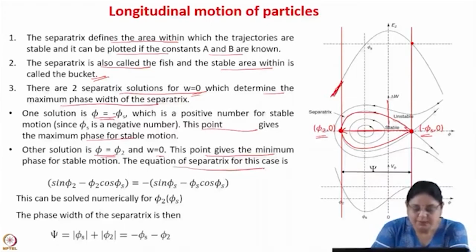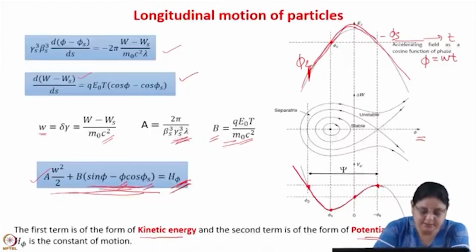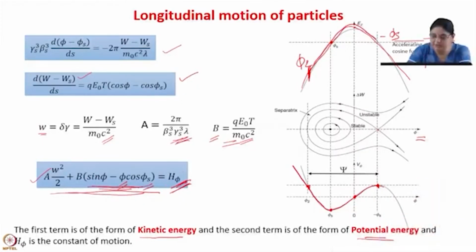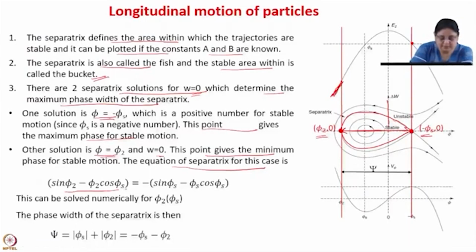The equation of separatrix for this case is this. In this expression you can put in the first point, W equal to 0 and phi equal to minus phi s, to calculate the value of h phi. Then you can substitute the second value, phi equal to phi 2 and W equal to 0, to get this expression.